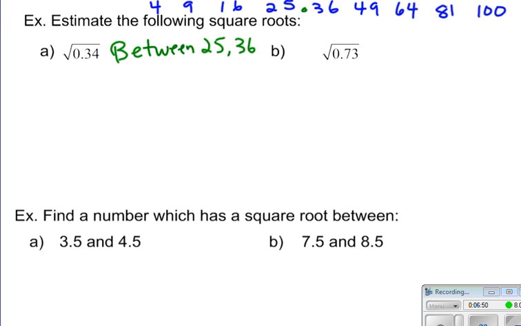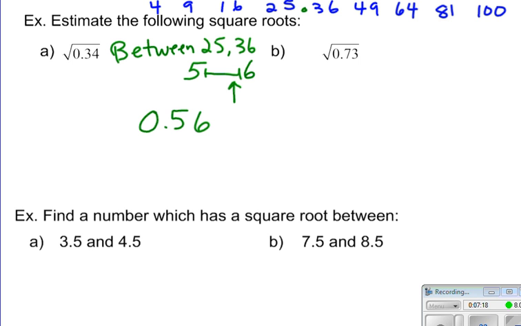So the square root of 25 is 5, and the square root of 36 is 6, and it's going to be somewhere in between. But we said it's going to be somewhere closer to 6 because 34 is closer to 36. So I might estimate something like maybe it's 5.6 or 5.7 or 5.8, somewhere in there. So I'm going to estimate that it's 0.56.